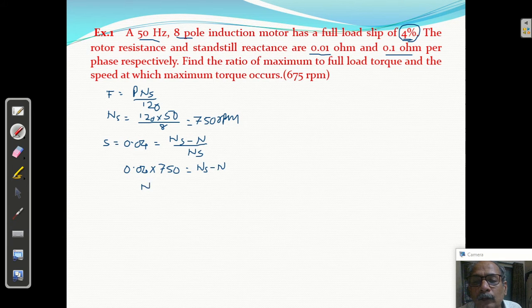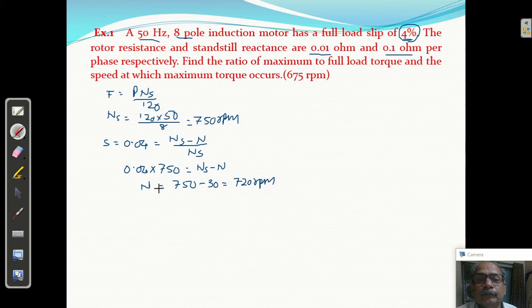So N equal to Ns, that is 750, minus 30, equal to 720 rpm.